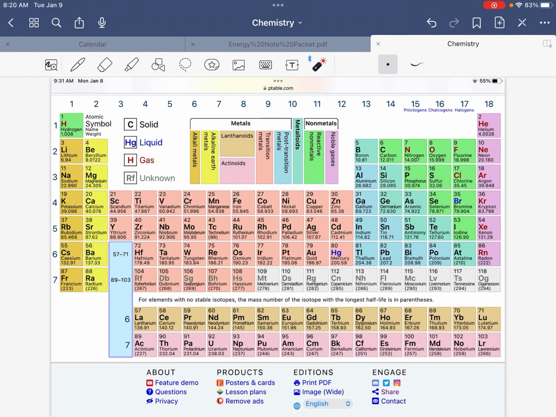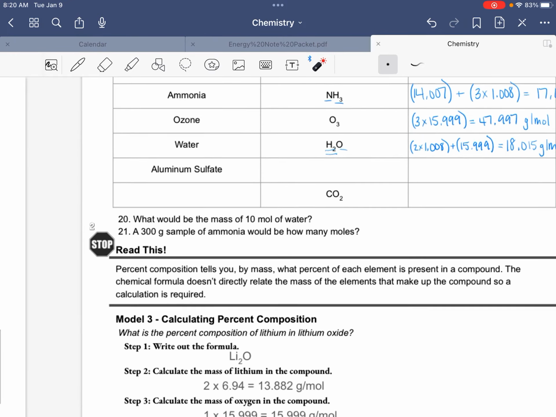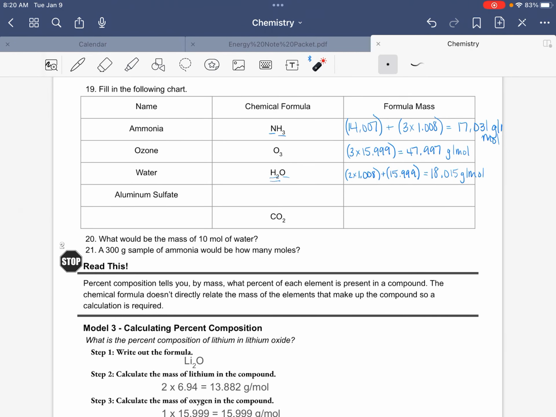Then we go down, -3, -2, -1. So aluminum has a charge of 3+.